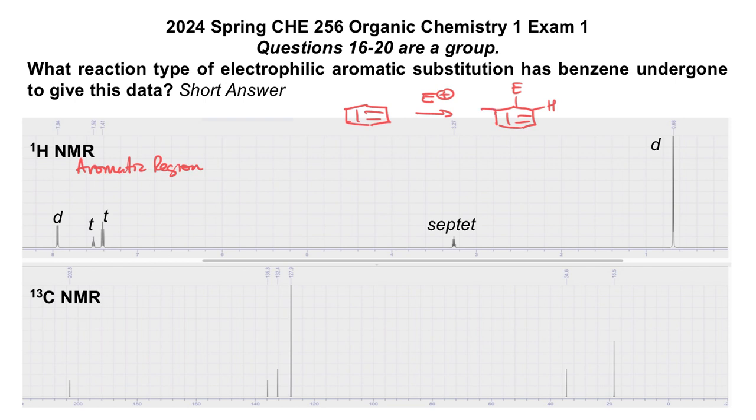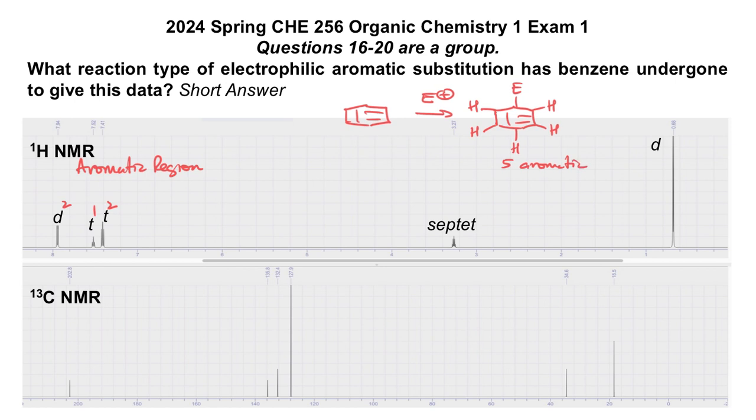So the ortho hydrogens, those are going to occur as the doublet. The meta hydrogens, the larger triplet because there's two of them, and then the para hydrogen, the smaller triplet because there's one. And so you see that. So you're assuming this is two hydrogens, one. That gets you your total of 5 aromatic.